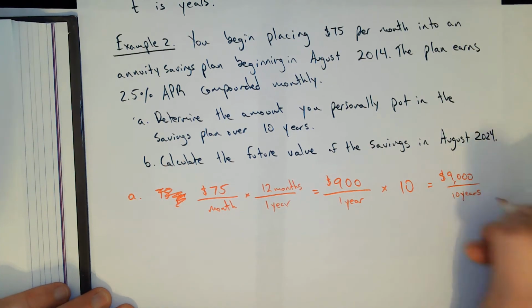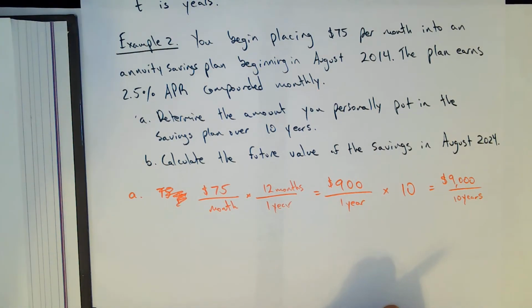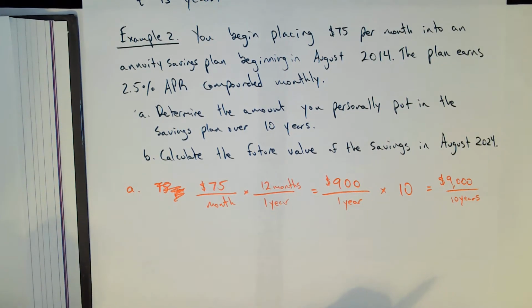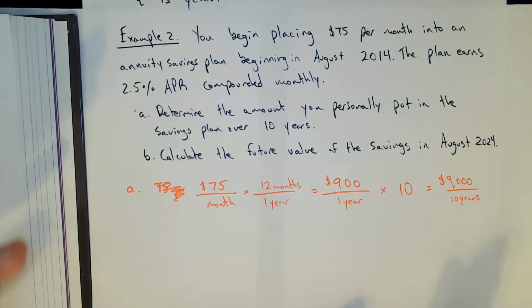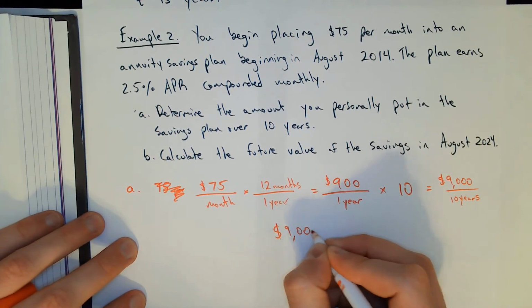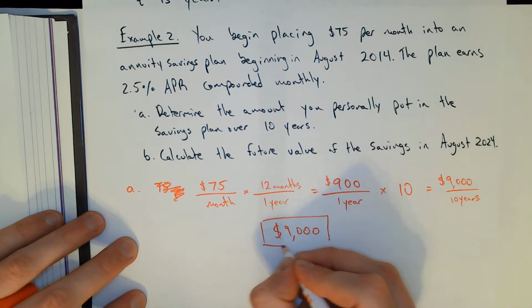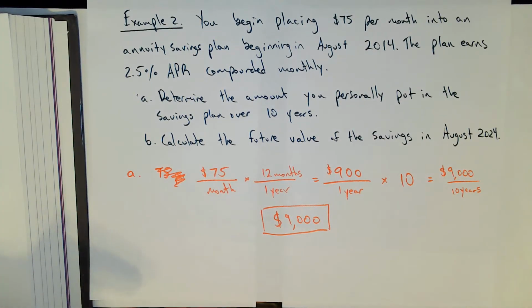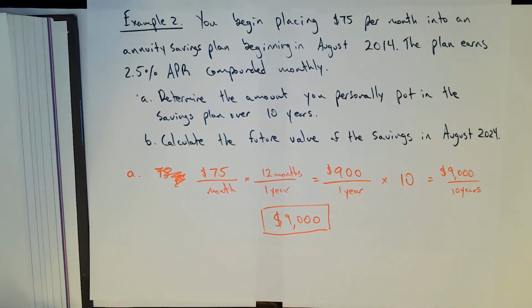So $9,000 is the answer for part A. No formula needed there. That's just understanding how many months are in a year and how many years you're going to be doing this, right?